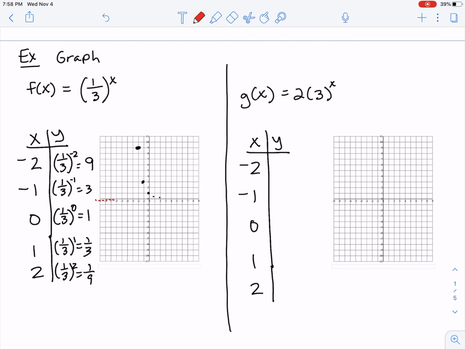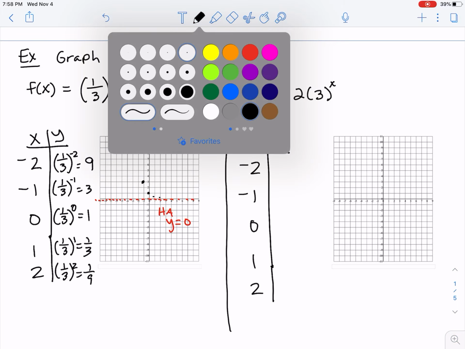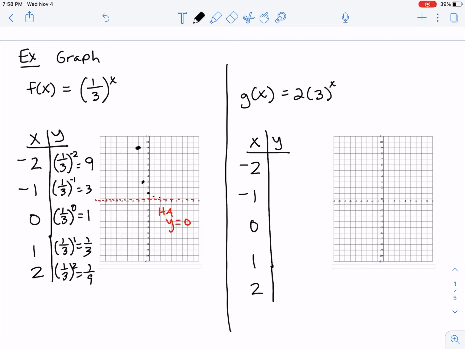I know I'm going to have a horizontal asymptote here at y equals 0. So if I go ahead and graph this, do the best that I can here, my graph is going to hug and get very close to that horizontal asymptote y equals 0, but it's never going to truly touch it.